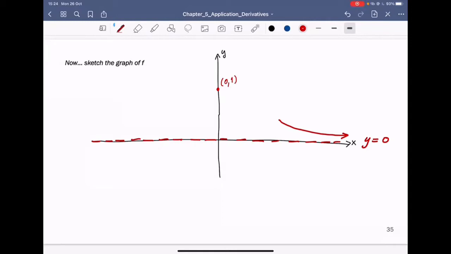The graph will not touch y equal to 0. And also when x goes to negative infinity, the graph is going to go along the line y equal to 0, but it will not touch it. Does it make sense?